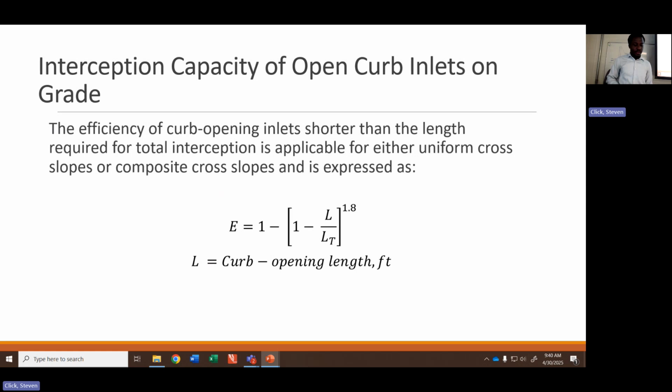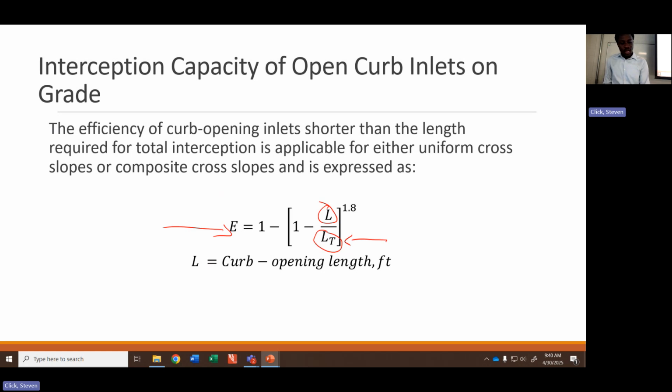So this is how you get your L value that's used in the field. So first, from the previous calculation, we would have already calculated our L sub T. That is the ideal condition. So we know the value of the ideal condition. Then we would state the efficiency we want, whether 90%, 85%, or 95%.